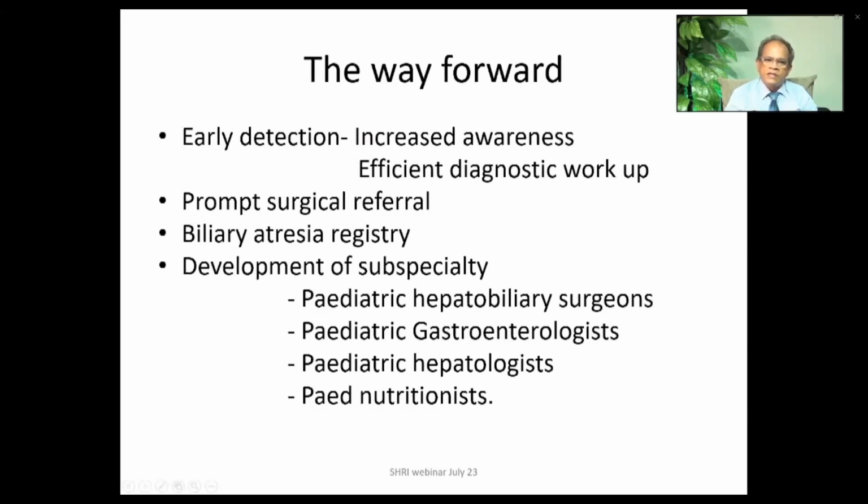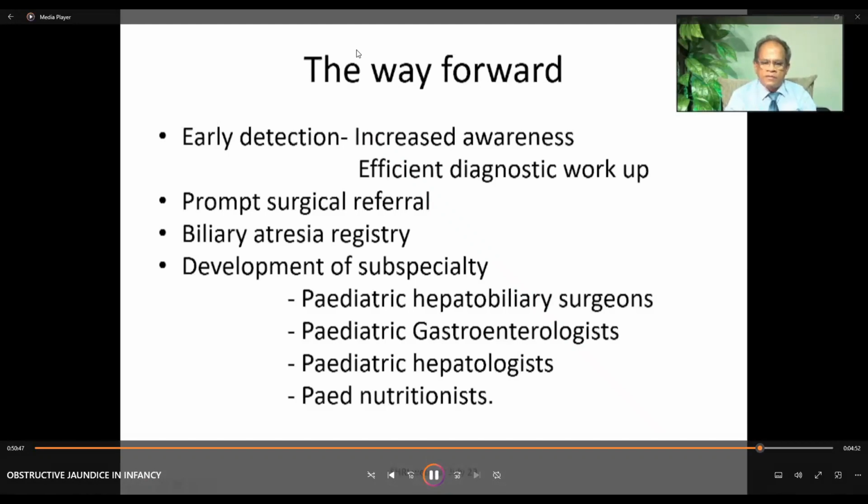So increased awareness among medical professionals is a very important step in reducing the mortality and morbidity of biliary obstruction. Also needed are prompt surgical referral and maintaining biliary atresia registries, so you can give feedback to the primary caregivers and maintain where biliary atresia is properly treated.